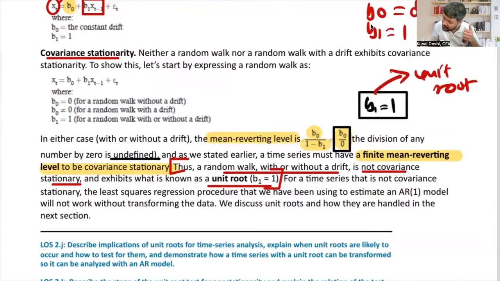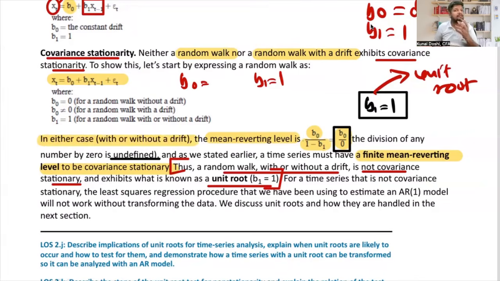Neither random walk nor random walk with drift exhibits covariance stationarity. Even if my B0 can be finite, since B1 is equal to 1, which is called unit root, the random walk with or without drift does not meet the property of covariance stationarity. So it is not covariance stationary.